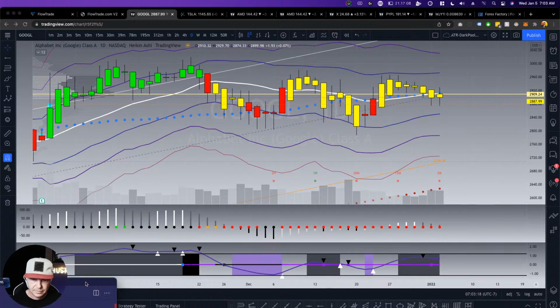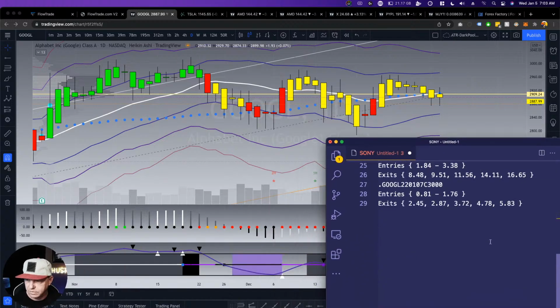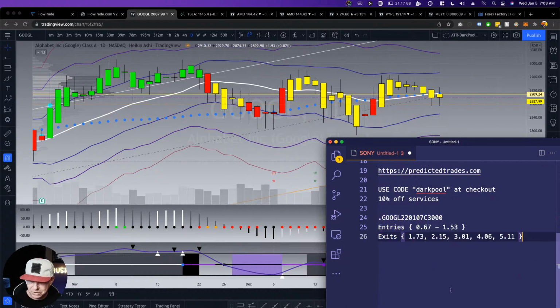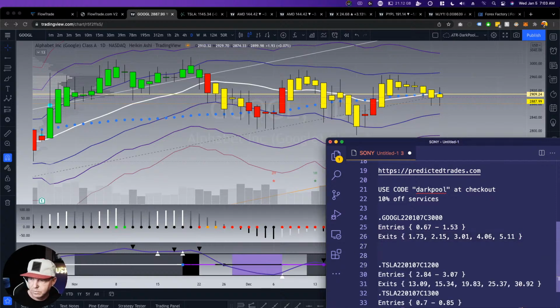All right, so here's the deal. Here's your predictive trades for the day, right? Those Google 3000s, they haven't really changed, right? That's the Google 3000 call. I also want to look at the Tesla. These trades are provided by Predictive Trades.